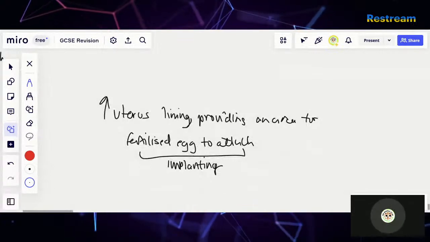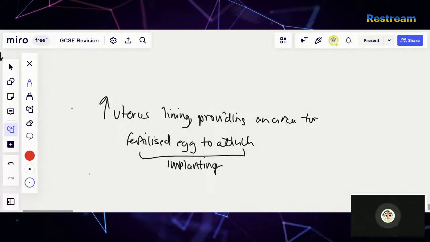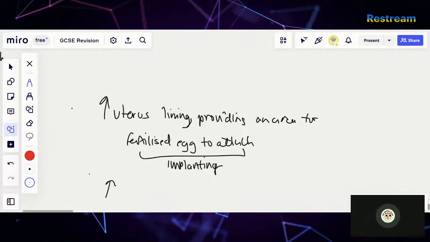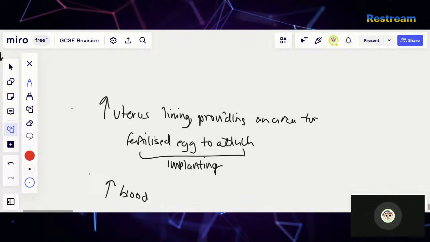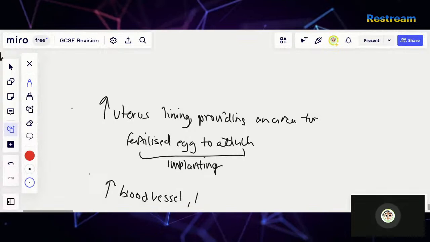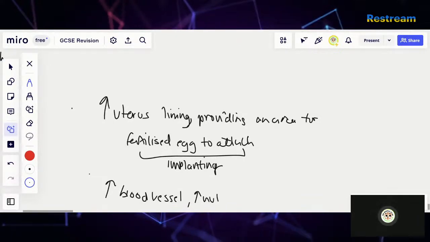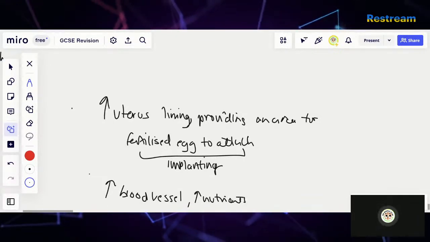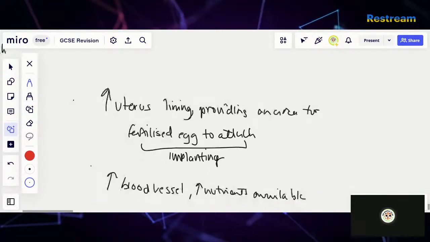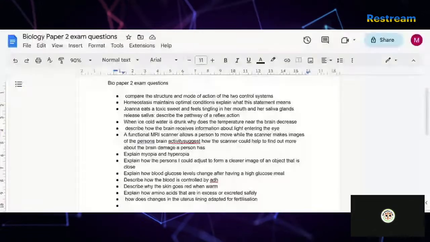Another thing about the uterus lining is that it actually increases the number of blood vessels. Because if there's more muscle and more tissue, this means there are also more blood vessels, and this increases the amount of nutrients available in those areas. Okay. Let's move on to the next question.